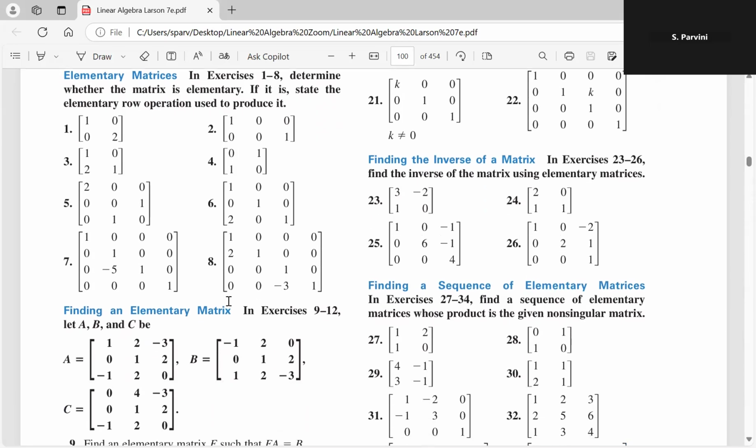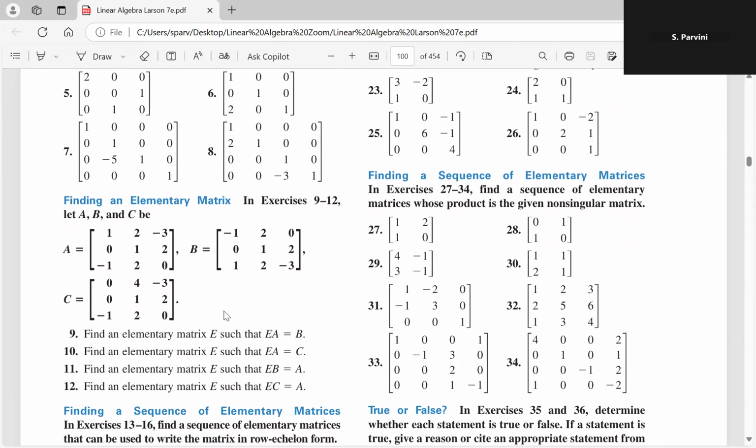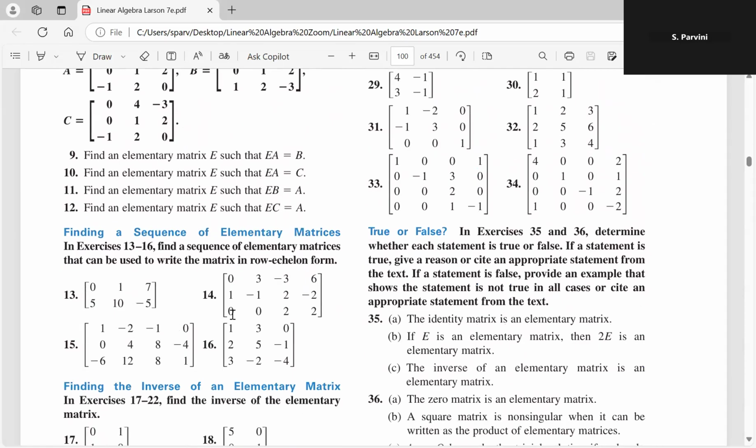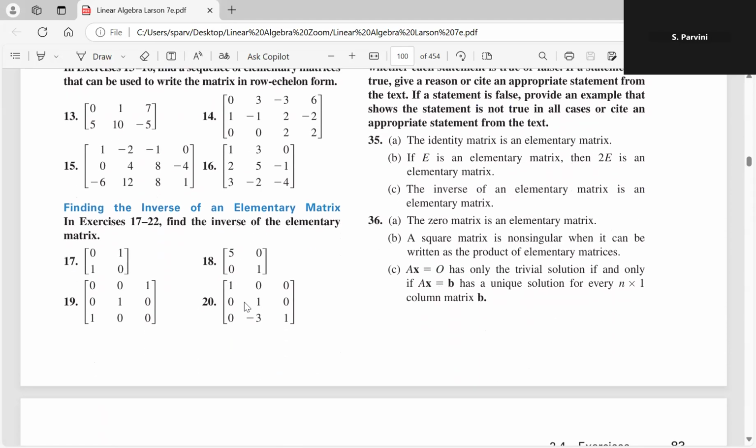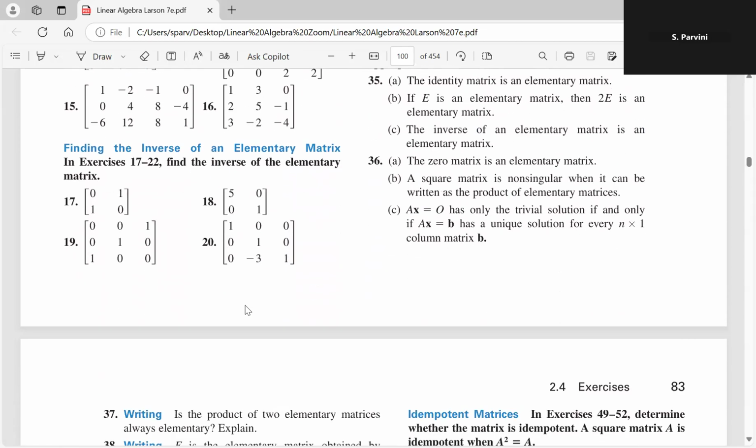Now, let's go further south, A, B, C, or D's, and let's skip these. Let's see something that we might want to be doing. These elementary matrices, let me skip these. We're not going to do much with elementary matrices later on, so I'm going to skip these.